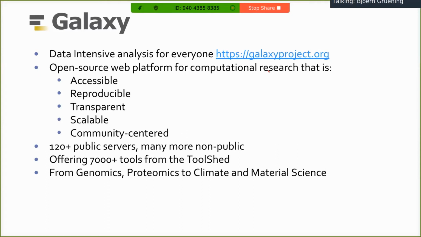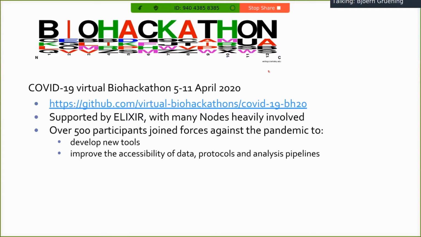And this goes from genomics to proteomics, but even to climate or material science. And what we have done, I mean, this was just one project out of many, but one of these biohackathon projects that we did, we're actually adding new tools relevant for COVID-19 research also to Galaxy that was not previously integrated.